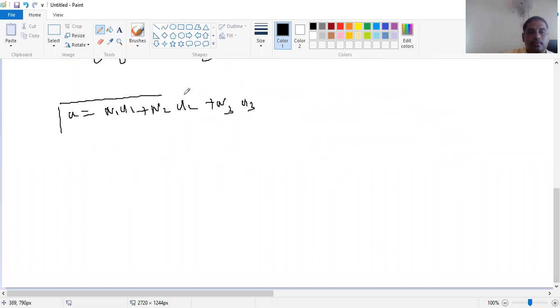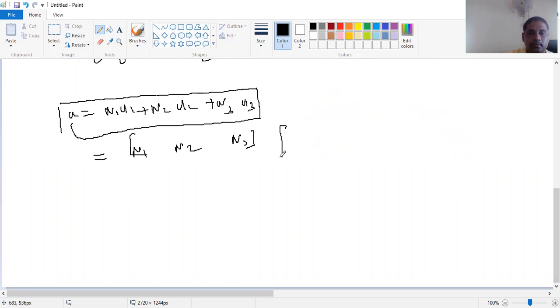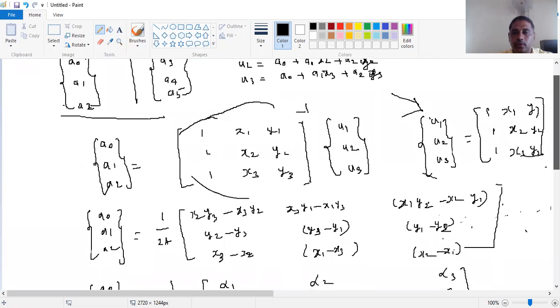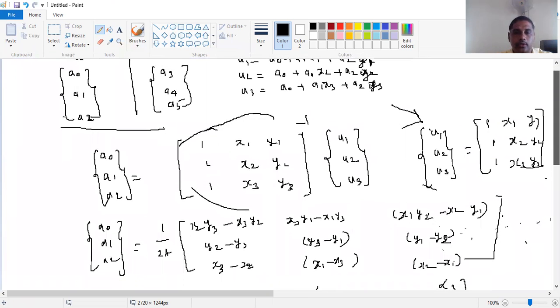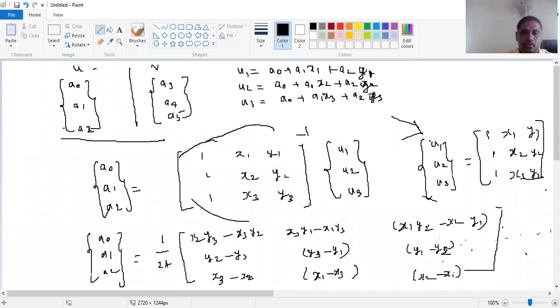Likewise, we have to consider substituting N1, N2, and N3 multiplied by u1, u2, and u3. For that, we need to find u1, u2, u3, so you're supposed to substitute the generic form here.